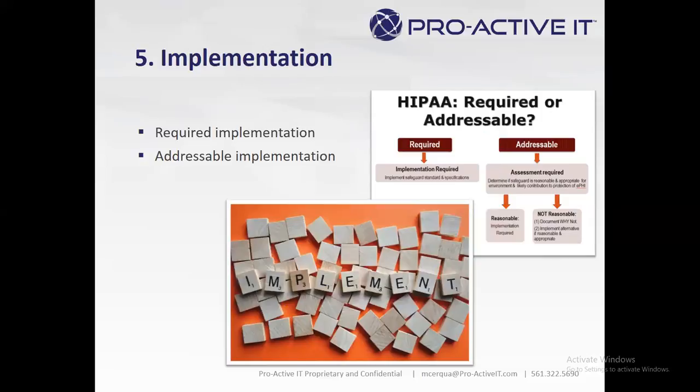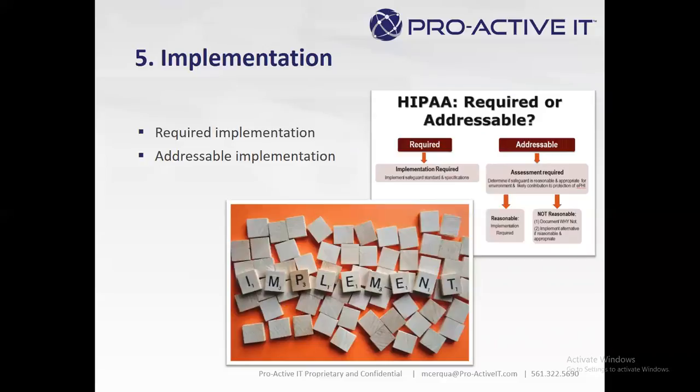Once that assessment is done, then the covered entity will decide if it will implement the solution, or if it will implement an alternative or an equivalent solution, or if it will not implement a solution or an alternative solution. So if equivalent measures are not reasonable and appropriate in the work environment, the covered entity or that business associate may choose not to implement the solution.